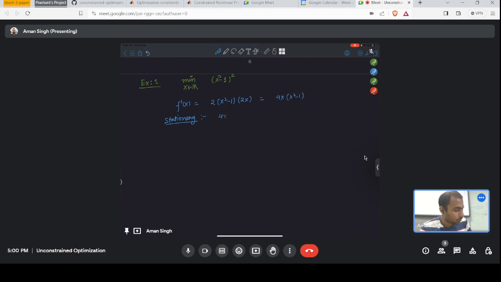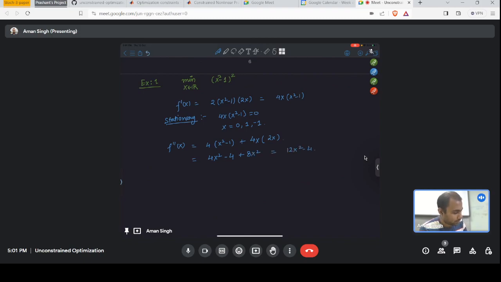So 4x(x square minus 1) equal to 0. Then we have three zeros: x equal to 0, 1 and minus 1. We'll check f double dash x at these three points. f double dash x equals 4(x square minus 1) plus 4x times 2x, which is 4x square minus 4 plus 8x square, so 12x square minus 4.